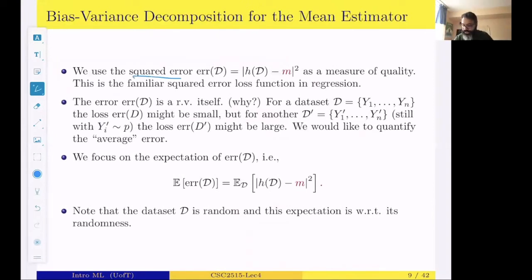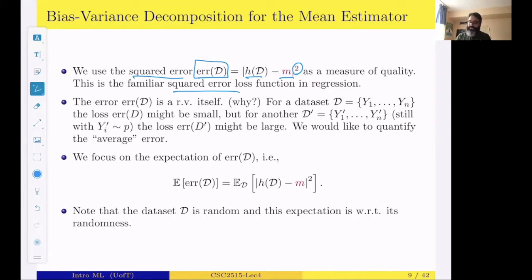So we use a squared error between h of t and m, which we don't know. So the whole thing is squared, and that would be denoted by error of t. We use this as a measure of quality of estimator h of t. This is the same squared error loss function that we had in the regression case.